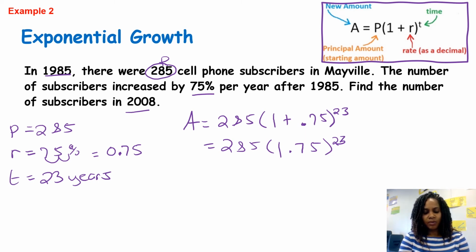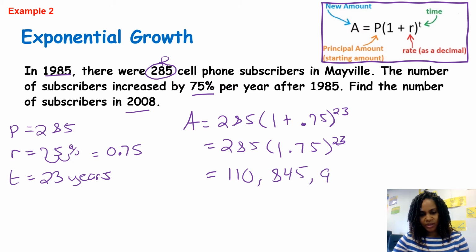Calculator's messing up. 1.75 raised to the 23rd power, and then I multiply that by 285. So keeping everything in my calculator, I get a lot. So I get 110,845,988 subscribers.